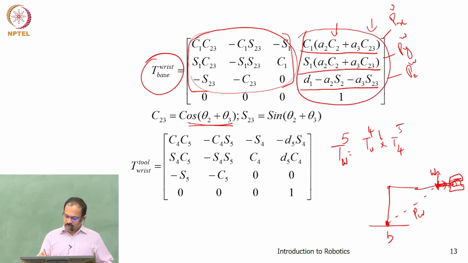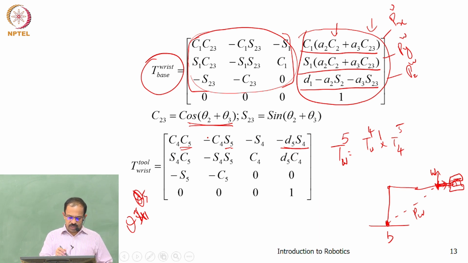You will get these 2 matrices multiplied, and you can see it's a function of C4, S4, C5 and S5. So it's a function of theta 4 and theta 5, and D5 is constant. So the variables will be theta 4 and theta 5, and D is a constant.